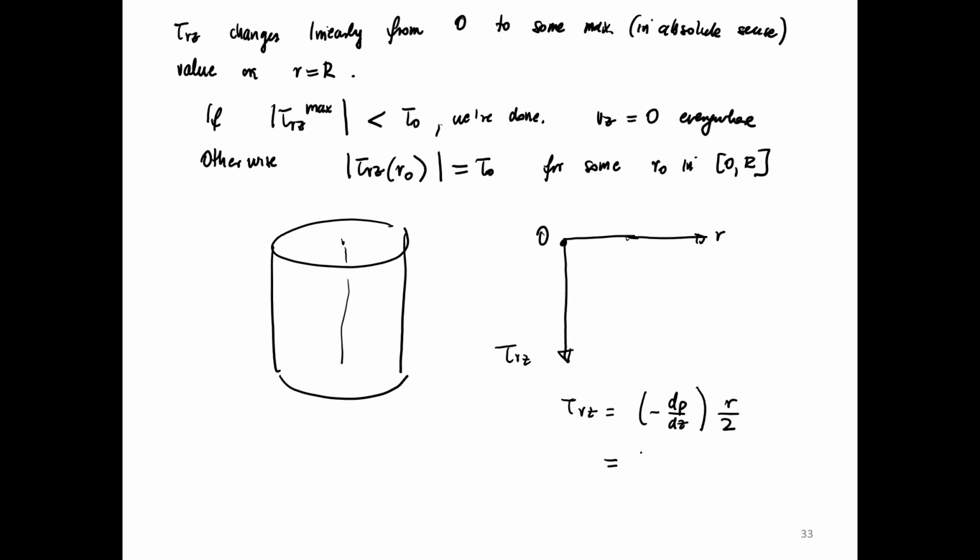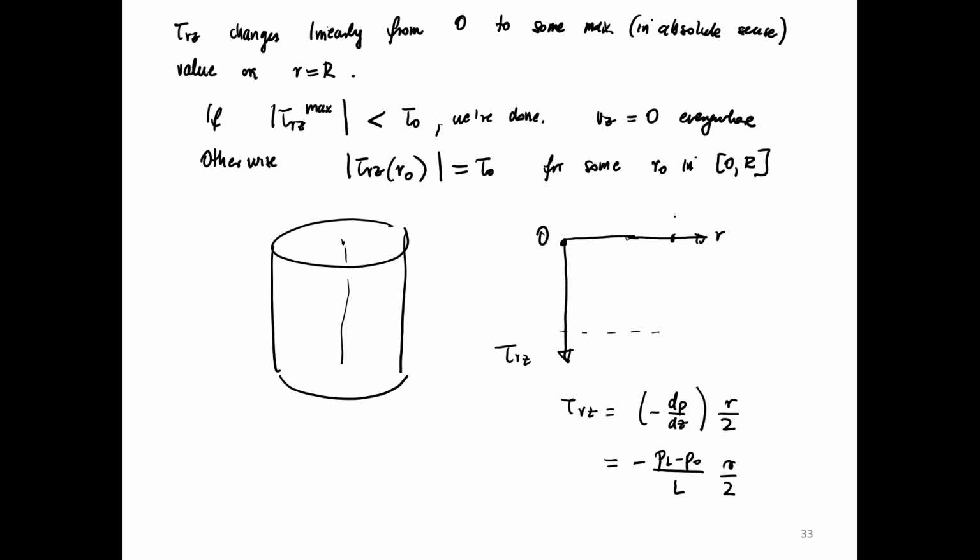And that constant is essentially minus PL minus P0 divided by L, times R over 2. So I have a full description of tau RZ. It's changing from 0 in the middle to some value.